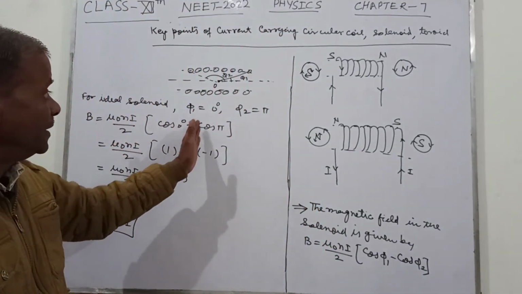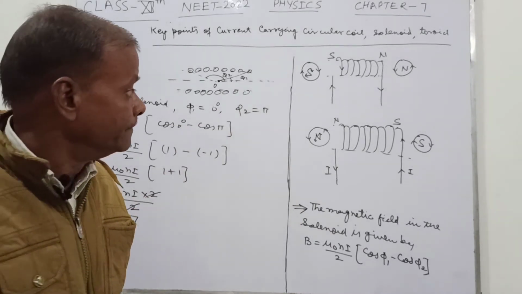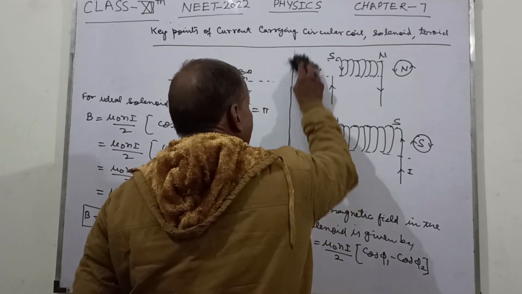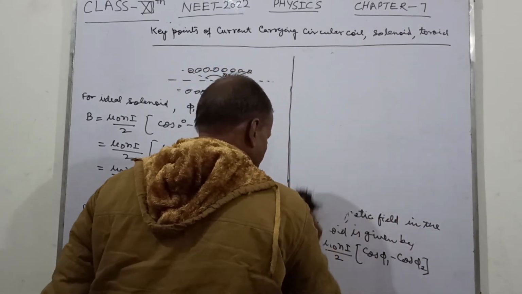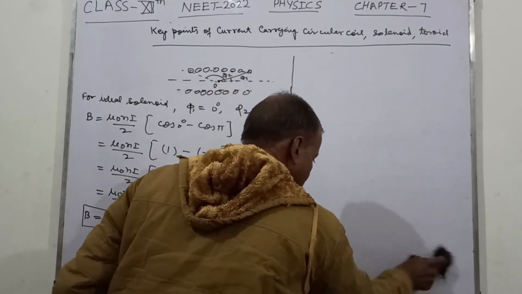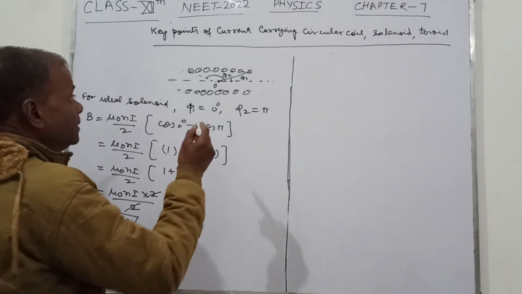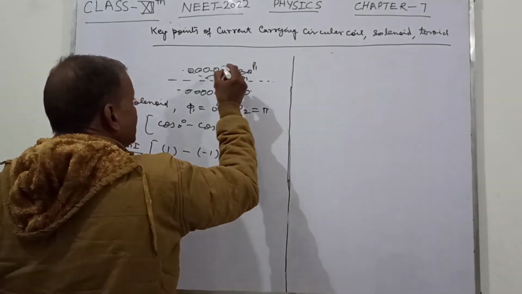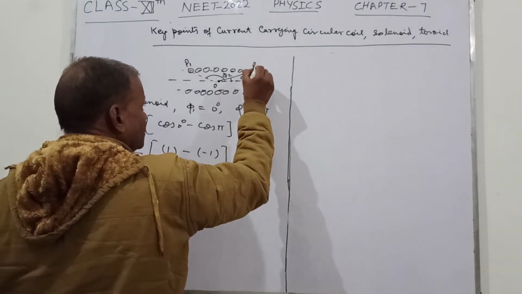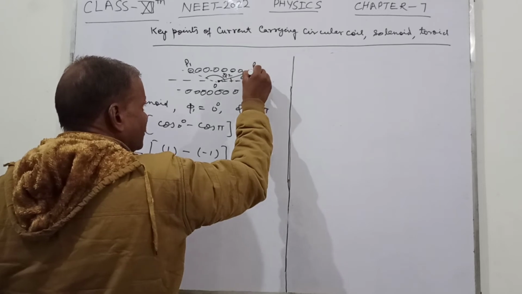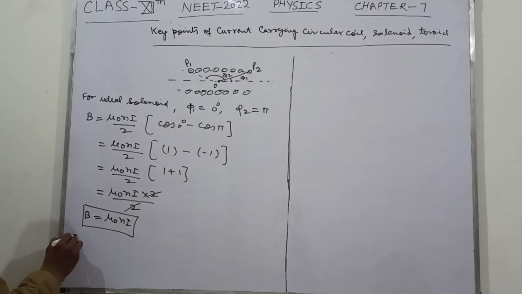If suppose we want to find the magnetic field at one end of the solenoid, then suppose I take the point P1 and this point P2. So, magnetic field at the ends of the solenoid.